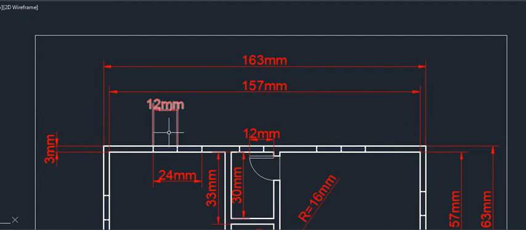The total length on this side is 163 millimeters, and the other side, sorry, the interior distance of our wall is 157 millimeters. So this will be your guide.